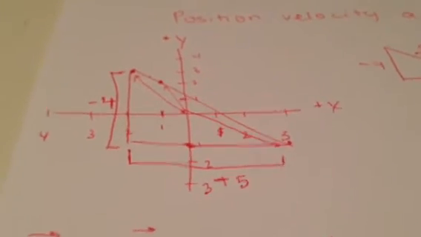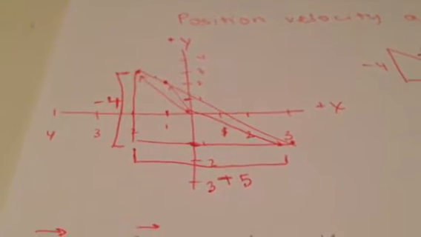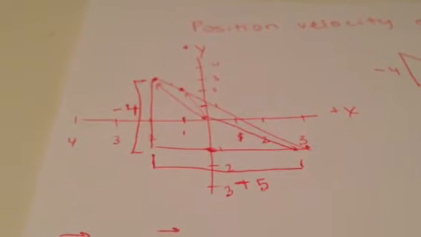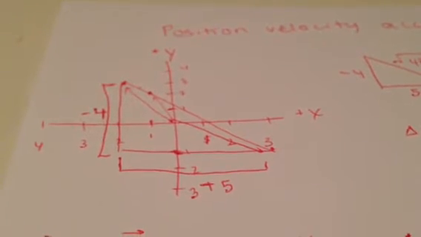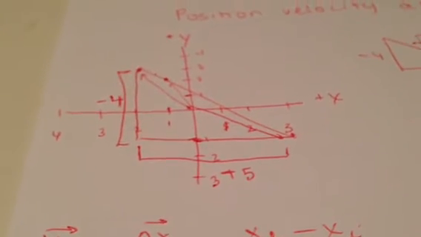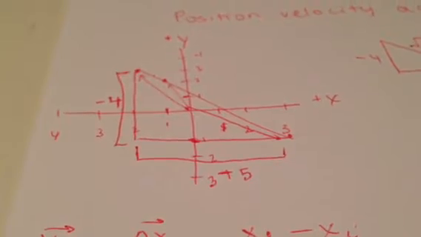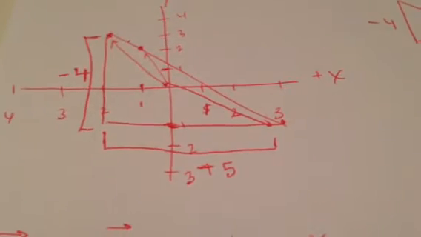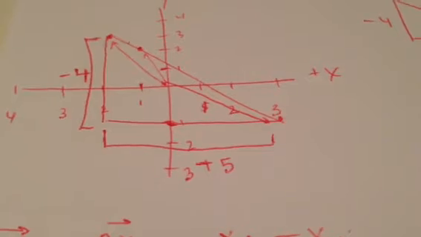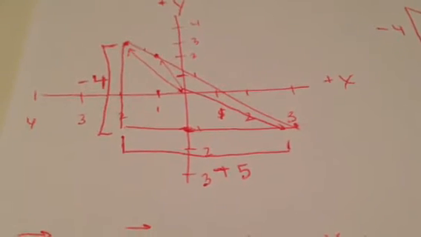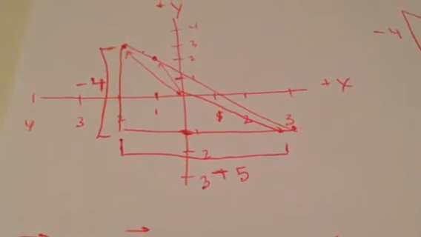Right now in this graph, we're talking about displacement, position. So the units are going to be in meters. First you start out at -2, and then you go to the second point at -1, 2, and then you move to your third point at 3, -1.